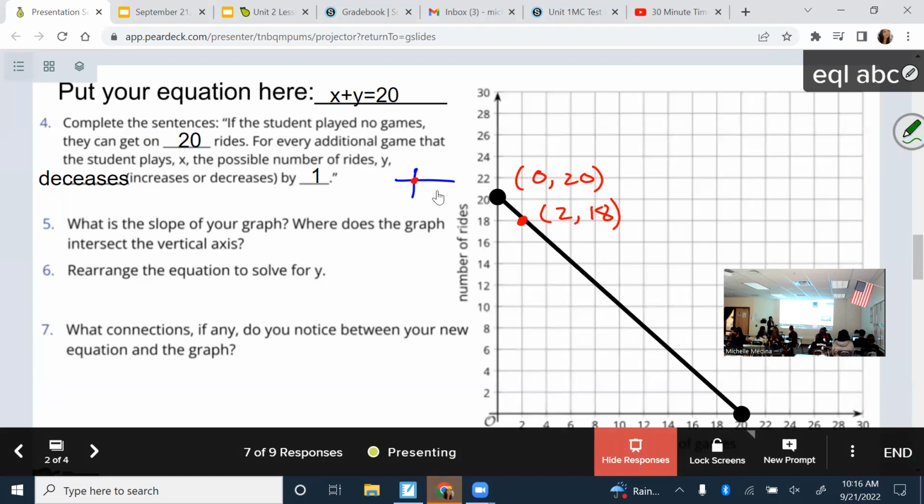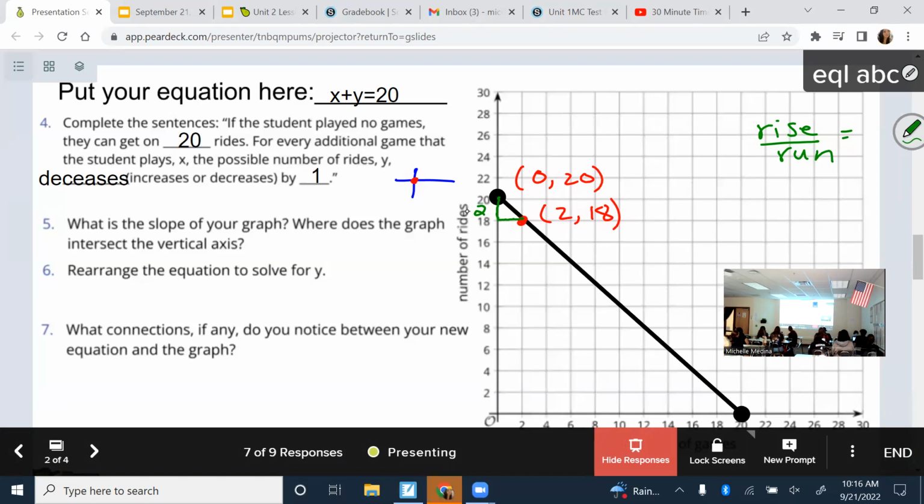What you can do when you have a graph is make a triangle and count your rise over your run. So count how much am I going down for my rise? Because rise is up or down. 1. But look at the numbers. 2. So it's numbered a little bit differently, so pay attention to that.